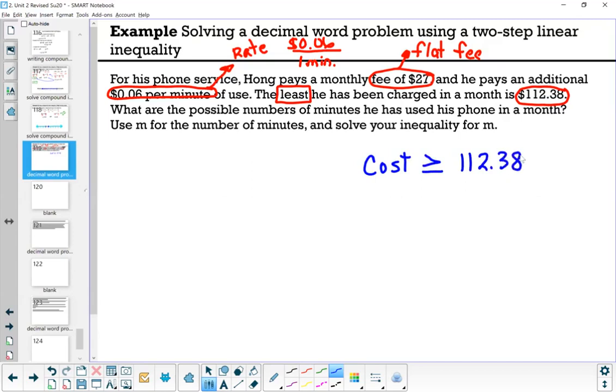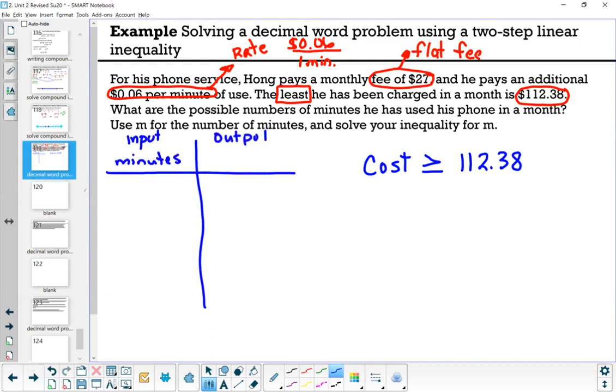Because if it's the least, remember that word least means greater than or equal to actually. We need to figure out what's happening with this expression for the cost. So that's what I'm going to do a table for. We're going to input something, which will be minutes. And then we're going to output something, which is going to be cost.